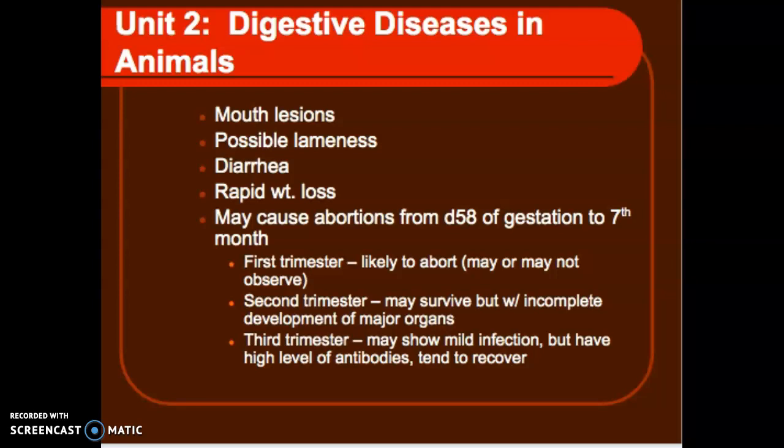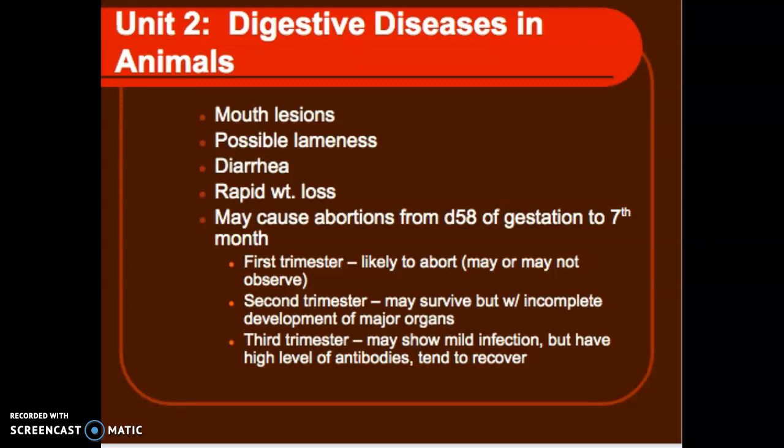And so the calf may be born dead, or stillborn. The third trimester, you can have a number of different things. The scariest of which is the calf shows a mild infection, but doesn't really respond to treatment, and they actually see that disease within them as normal.